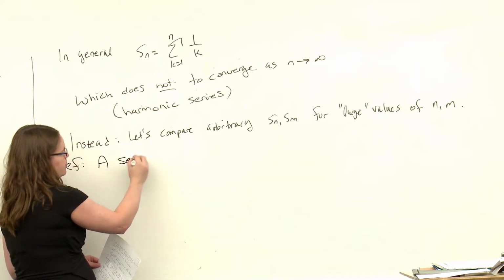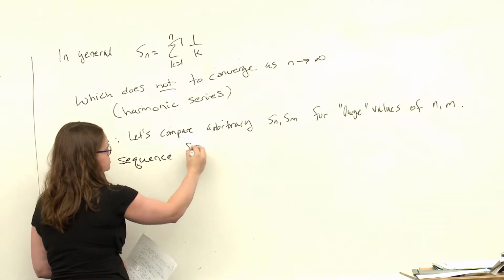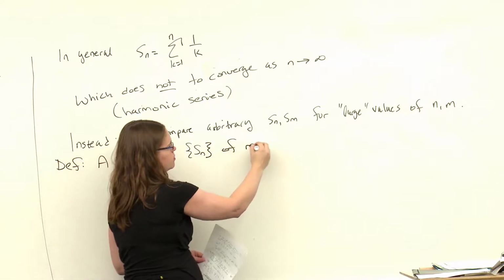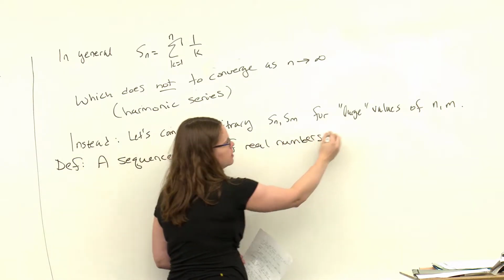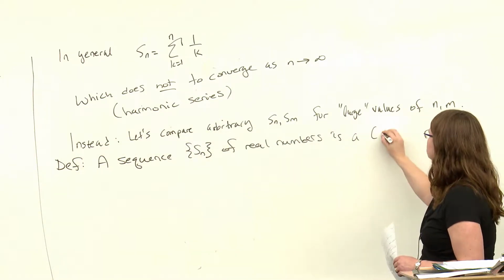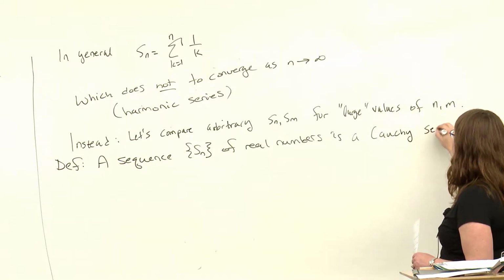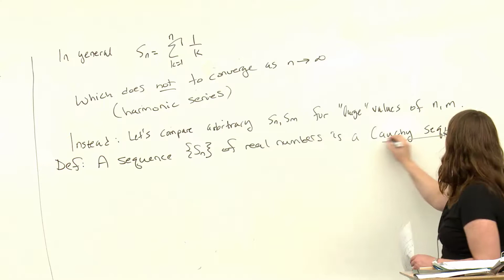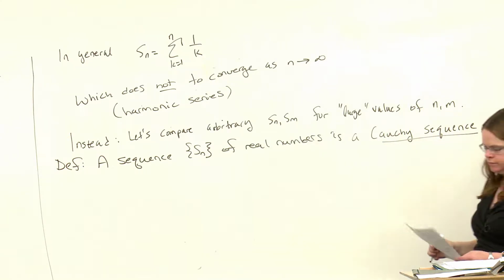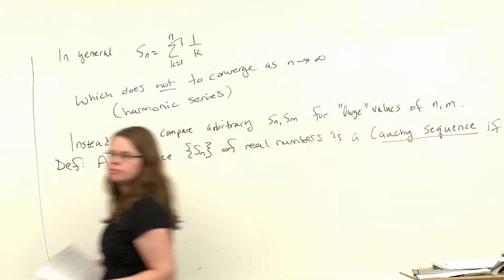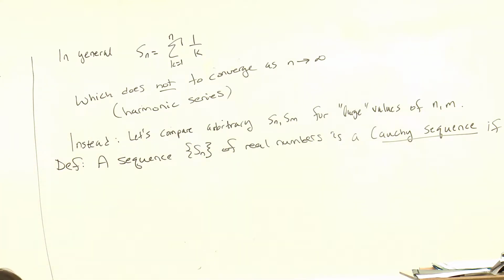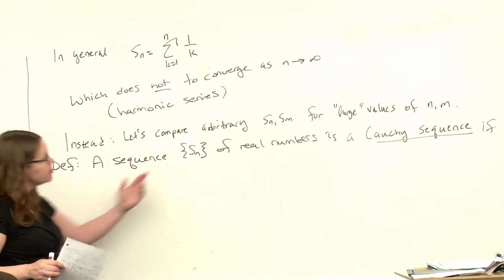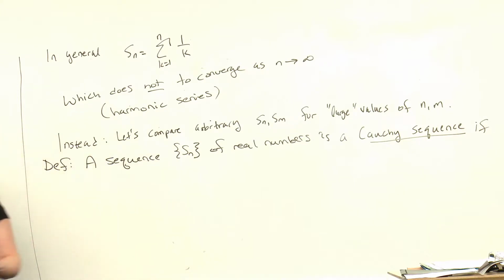So a sequence Sn of real numbers is going to be called a Cauchy sequence if, and now we're going to build up a definition that looks similar to the definition of our limit, but instead of saying that Sn converges to S, we're going to try to make the claim that Sn and Sm converge to 0, that they get very close to each other.